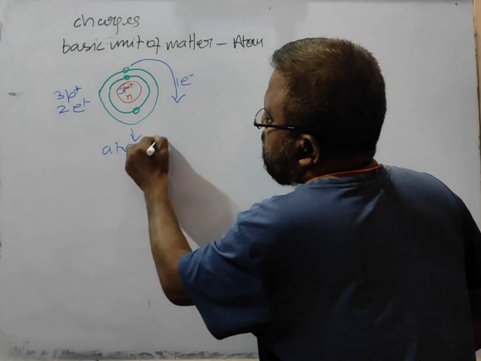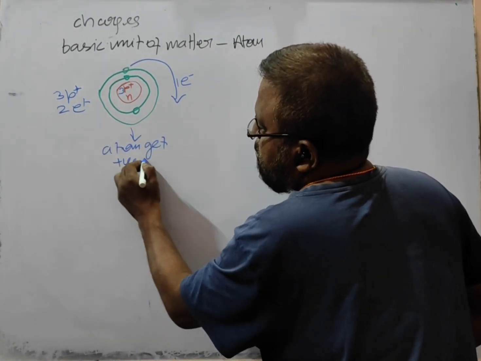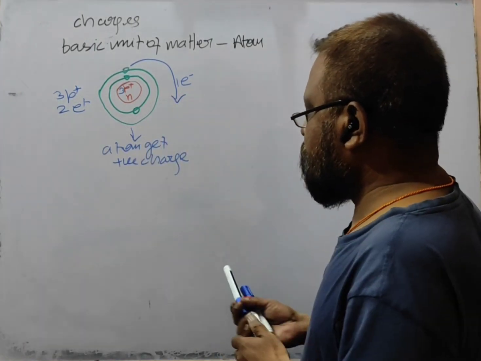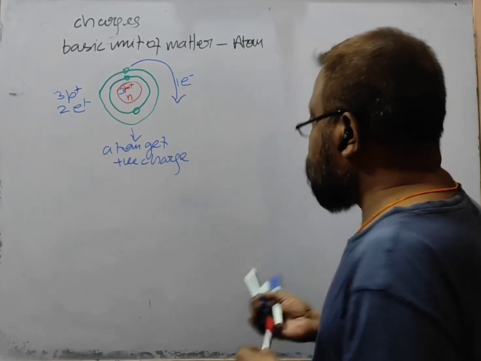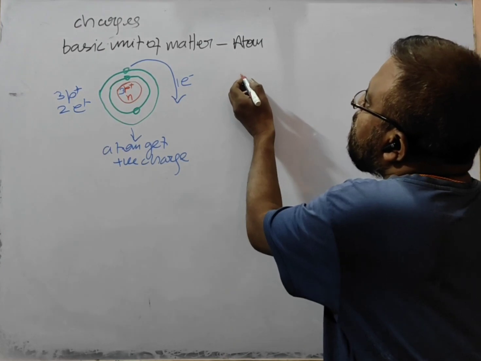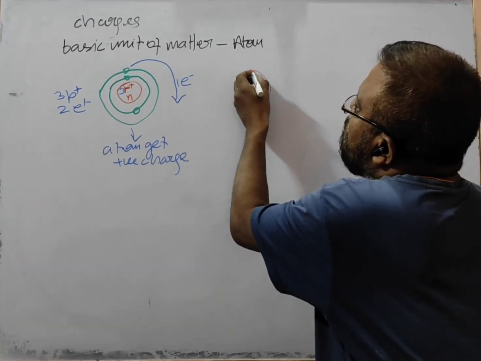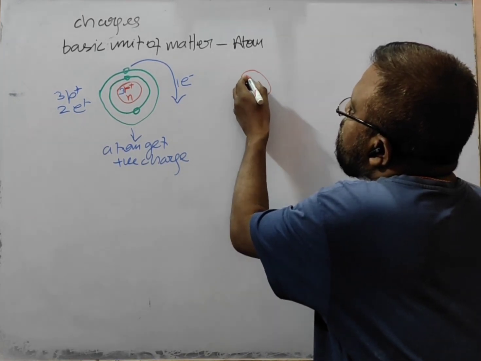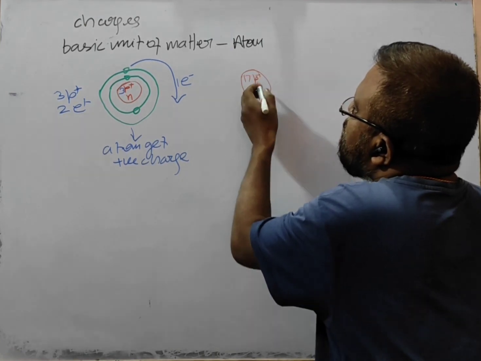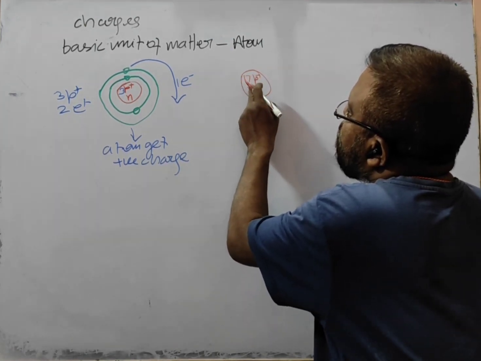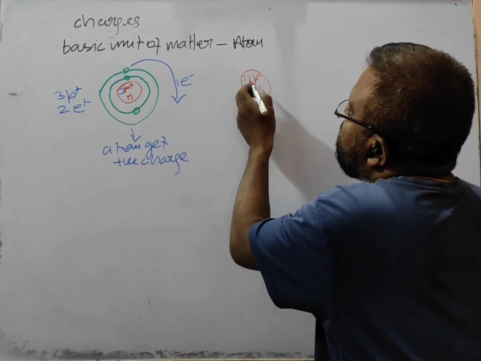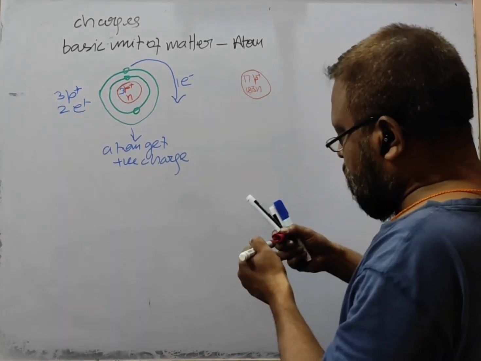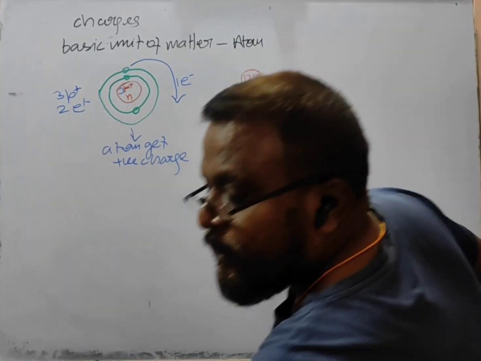The atom gets positive charge. Now if I talk about another atom, what happens? There are 17 protons and 17 neutrons, and there are electrons in different energy shells.